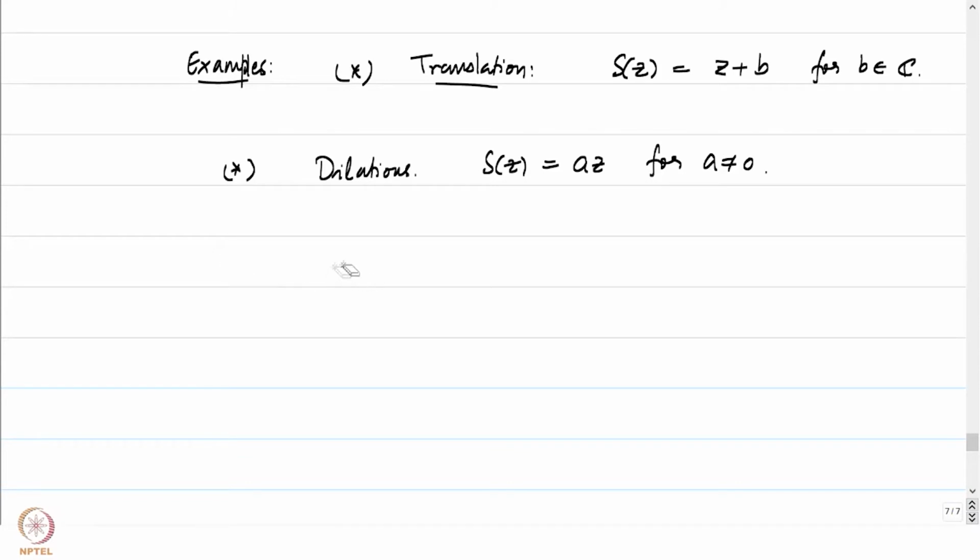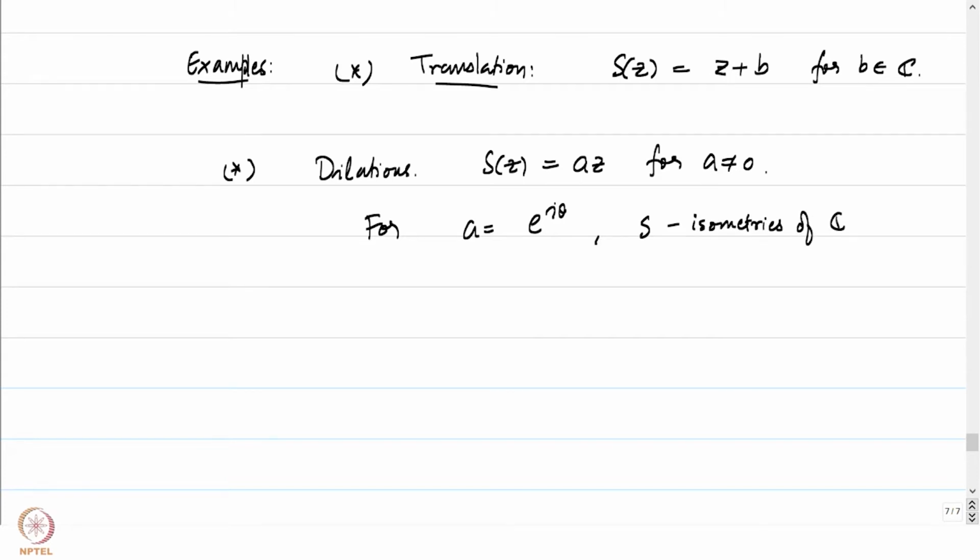So notice that examples of dilations are things which we have already considered. For A equal to elements of the type e to the power i theta, we have already seen that S will turn out to be isometries of the complex plane which fix the origin, right? We have already seen that.